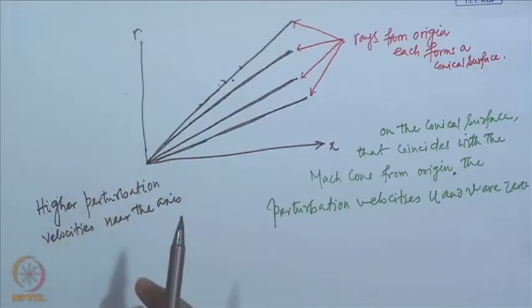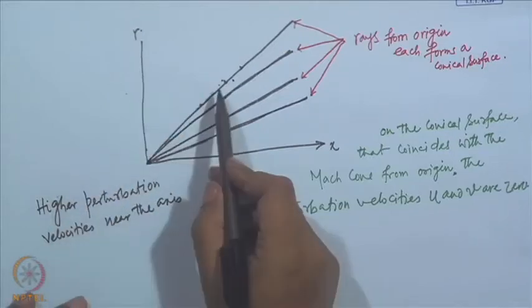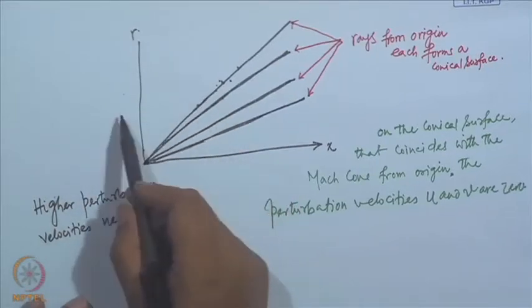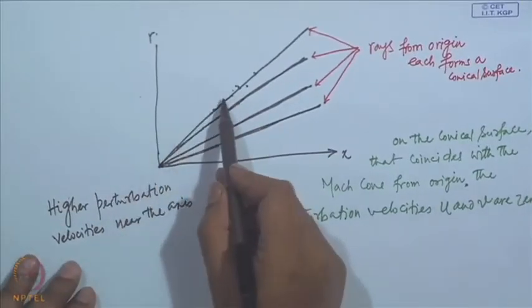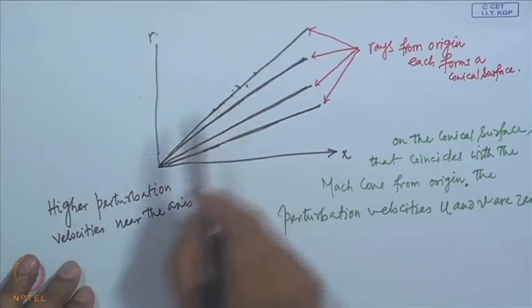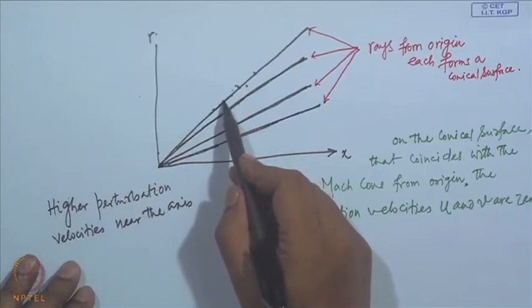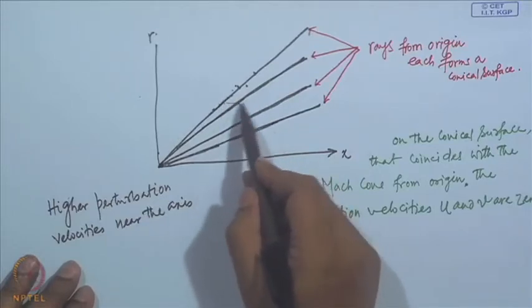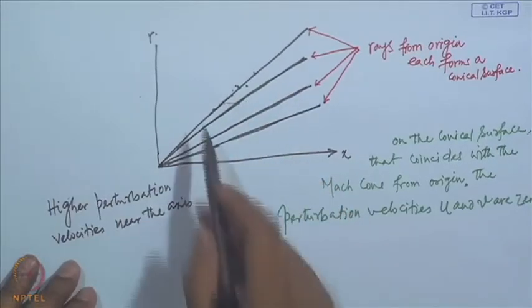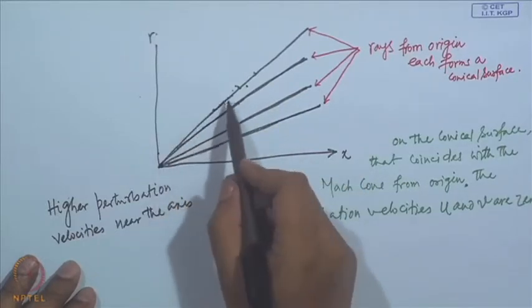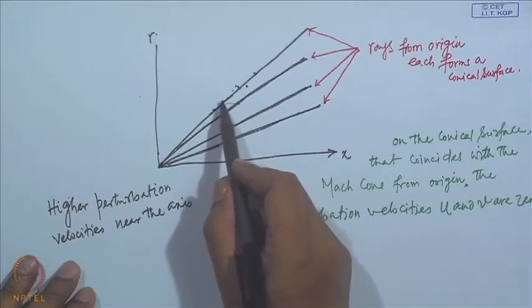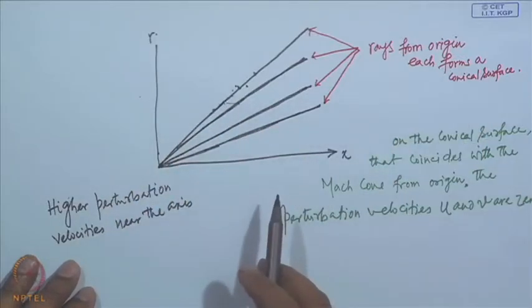If we consider any particular streamline, that streamline will remain unaltered until it intersects this line, and once it intersects, after this the perturbations are non-zero and are gradually increasing towards the axis. Since the perturbations are non-zero here, the streamline will change.